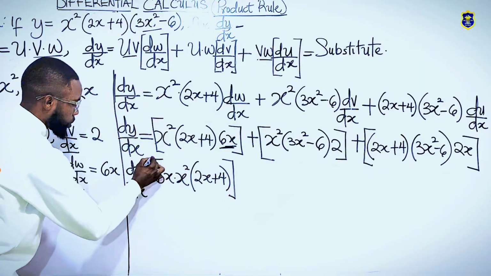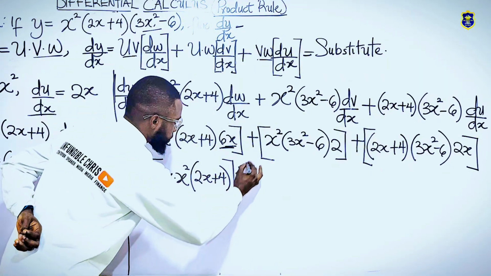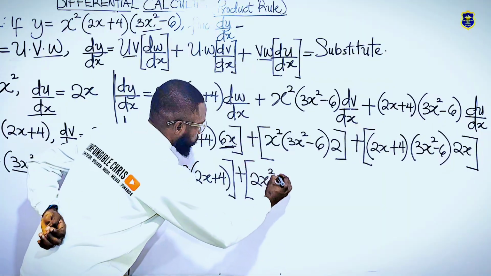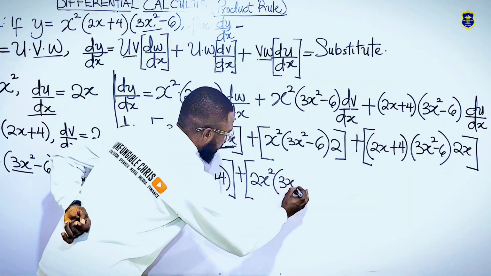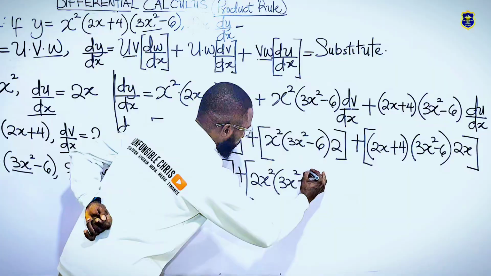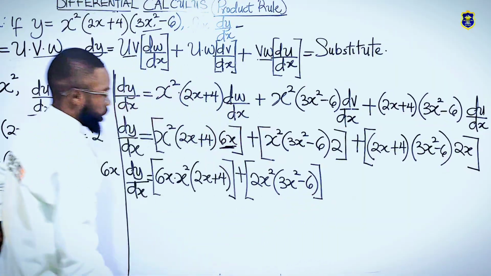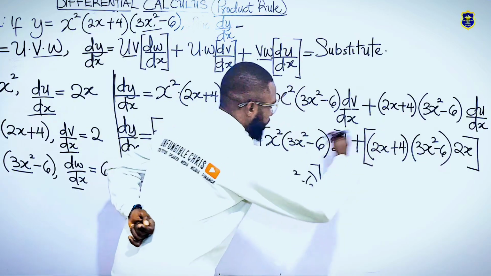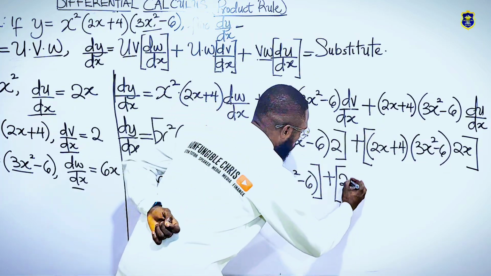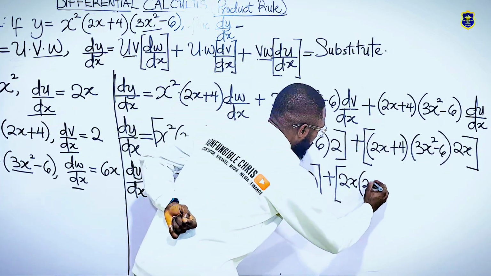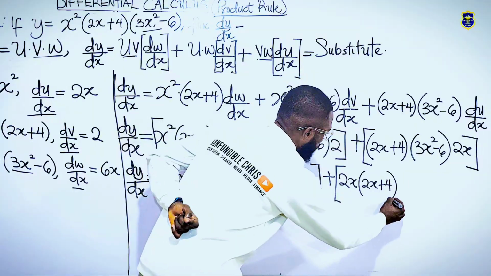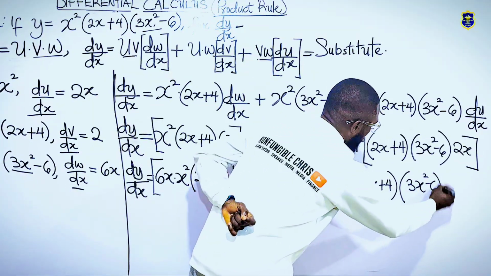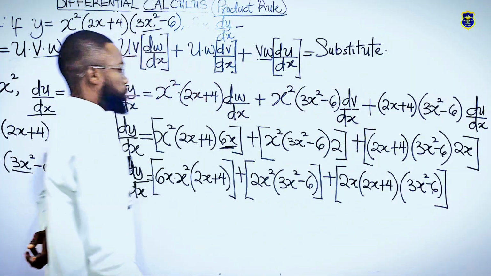Plus, for the second one, 2x squared bracket 3x squared minus 6. And then plus, for the third guy, 2x bracket 2x plus 4, and then 3x squared minus 6. This is what we have.